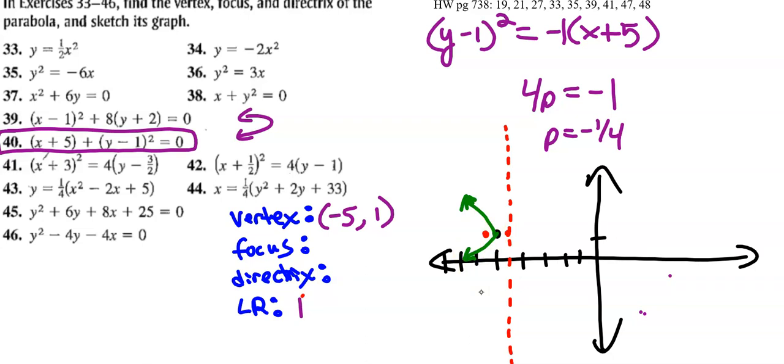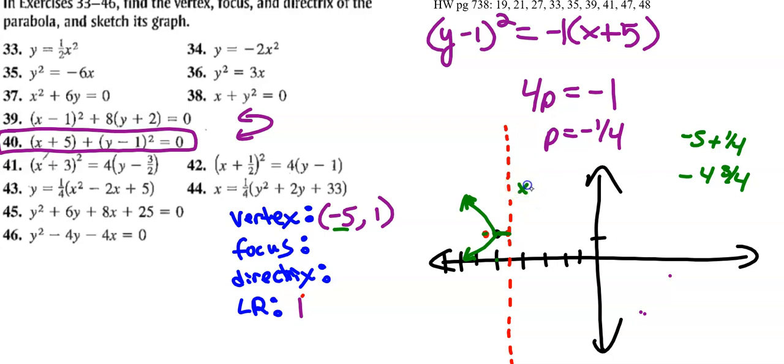So all we need to do is figure out the ordered pair of that focus and the equation of this line right here. So I'm focused here on my x value, and that's going to be -5. And so if I go 1/4 to the right of that, that's like saying -5 plus 1/4, I get -4 3/4. That's 1/4 of the distance to the right from -5.